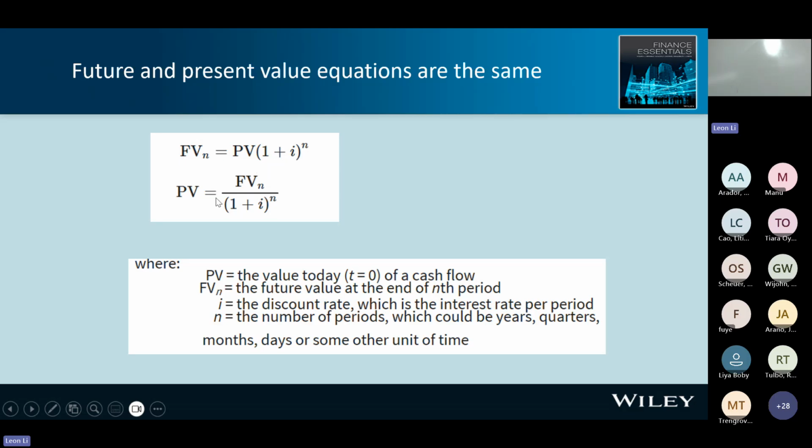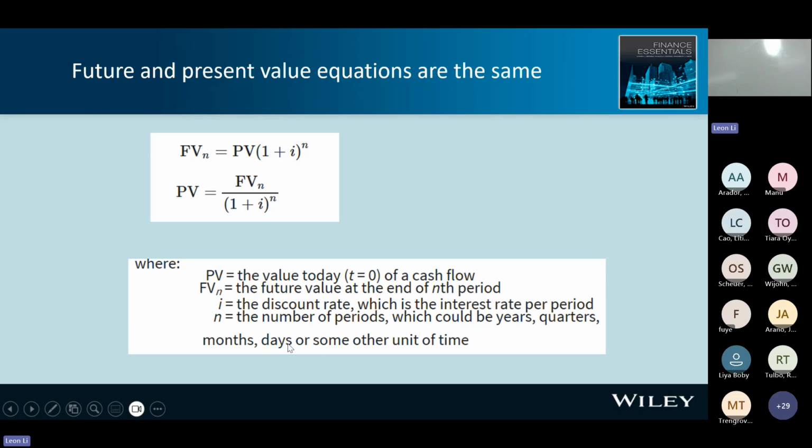To get PV, we just rewrite the equation: PV is FV divided by (1 plus i) to the power of n. Here i is the discount rate. When I see the discount, I know future money involves risk, a lower value, a discount. So i is the discount rate, and n is the number of periods, which can be year, quarter, month, or day.